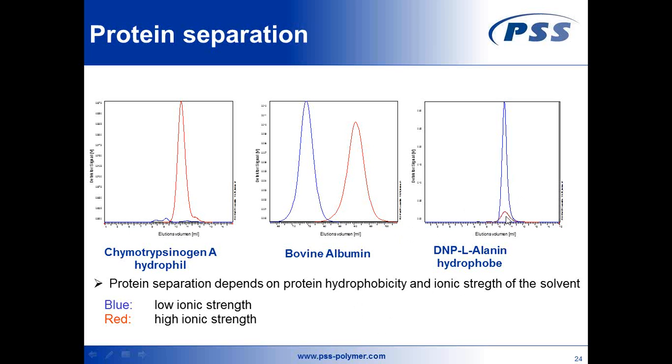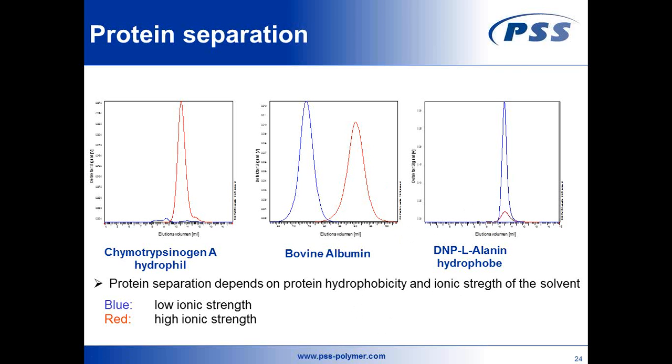When the ionic strength is too high, in the red chromatogram, you barely see your protein coming off the column. When you lower the ionic strength and move towards the blue chromatogram, suddenly this hydrophobic protein nicely elutes from your SEC column. So it depends strongly on the type of protein you're going to measure.